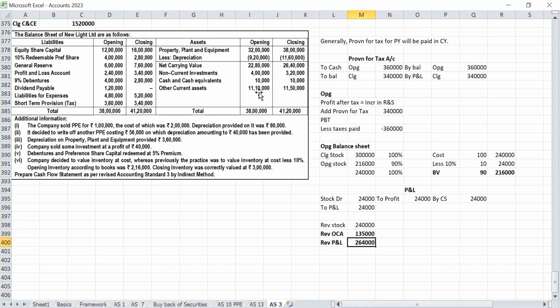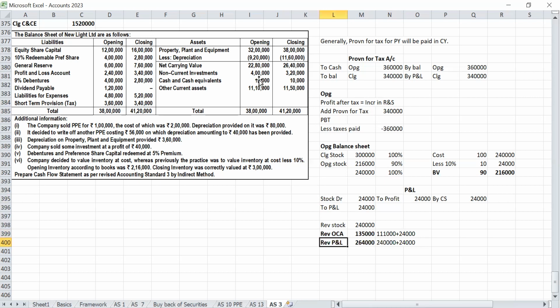Or in the second method, what are we assuming? Opening stock means previous year closing stock. So if previous year closing stock increases, profit will also increase. In this method, closing stock increases by 24,000. Same thing: other current assets will also increase by 24,000, and the profit and loss account 2,40,000 will also increase by 24,000.